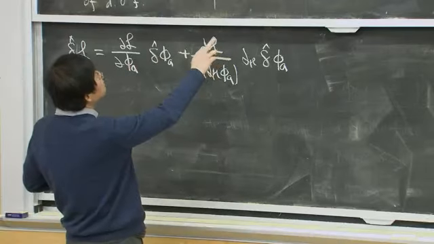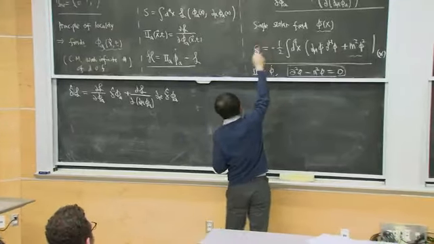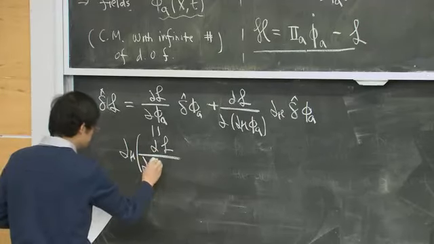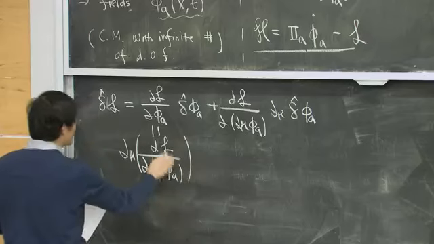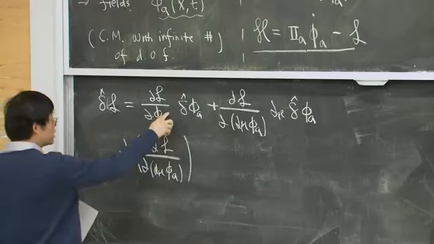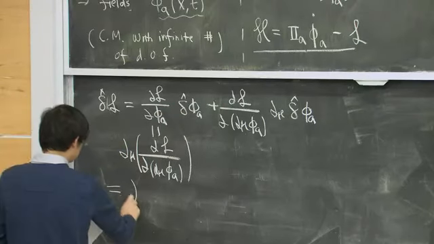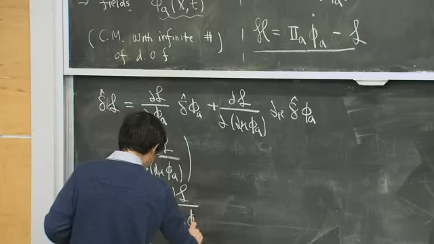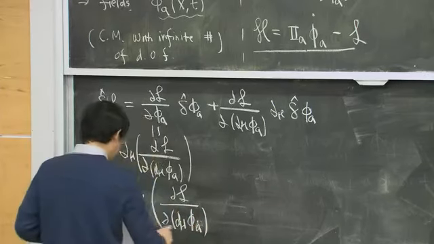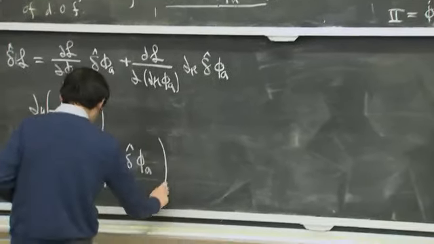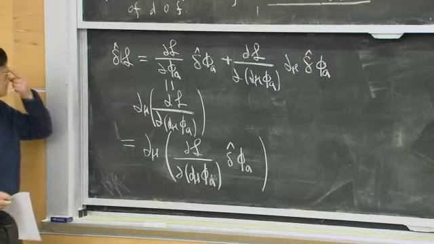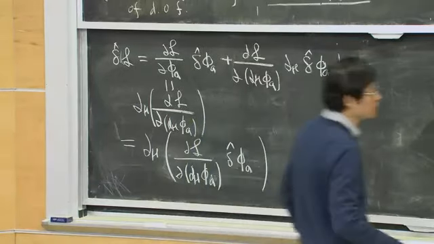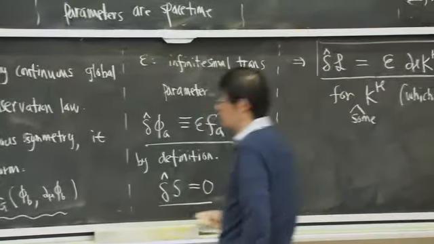From the equation of motion, partial L over partial phi A is just equal to partial mu of partial L over partial mu phi A. We plug this in here, and now you notice this becomes a total derivative: partial mu of partial L over partial mu phi A times delta hat phi A. So after using the equation of motion, this variation of L has the form of a total derivative, and this should be equal to the right-hand side.